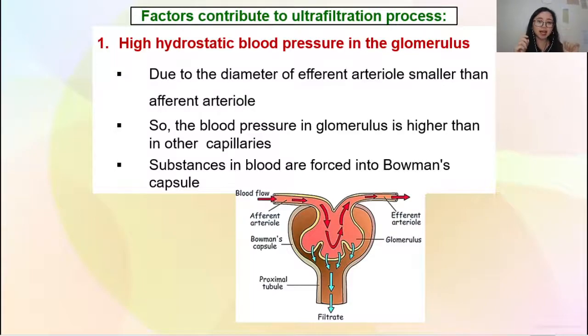So just like that with the blood cells, when they are going from the afferent arteriole into the efferent arteriole through the glomerulus, they are going from a wide hallway into a narrow hallway. So there's going to be increased blood pressure. Dia makin tolak-tolak-tolak sampai molekul yang kecil akan tertolak keluar daripada glomerulus. So the smaller substances in the blood are going to be forced into the Bowman's capsule because of this high hydrostatic blood pressure.